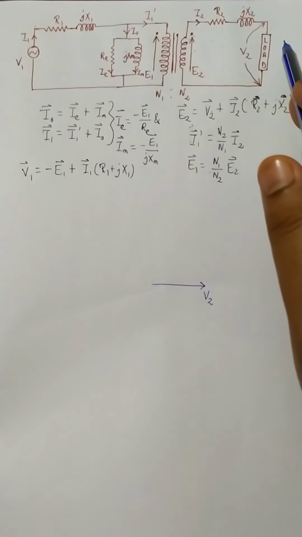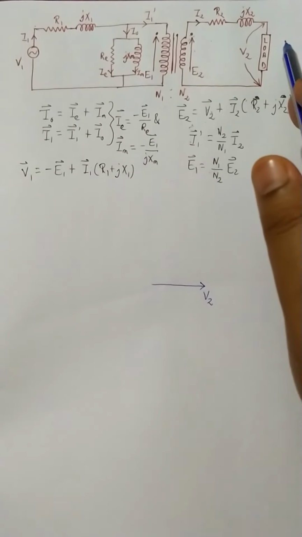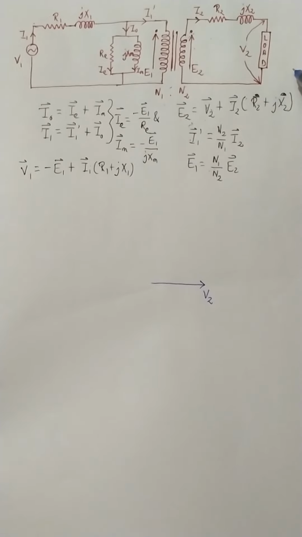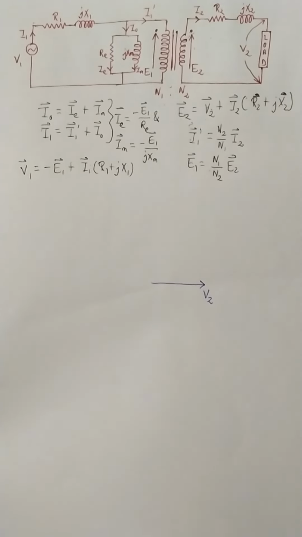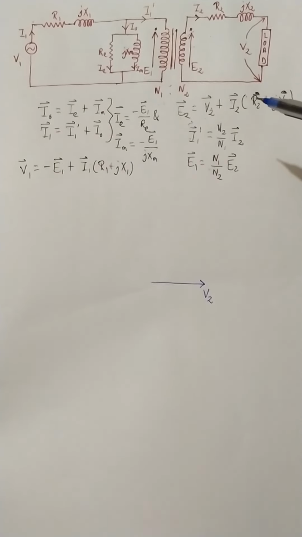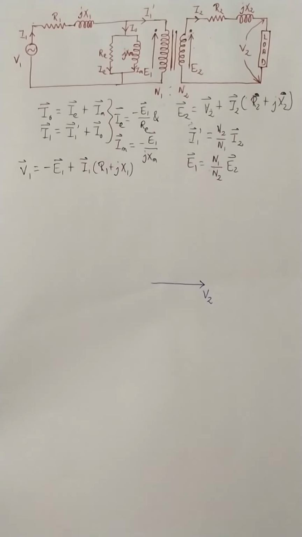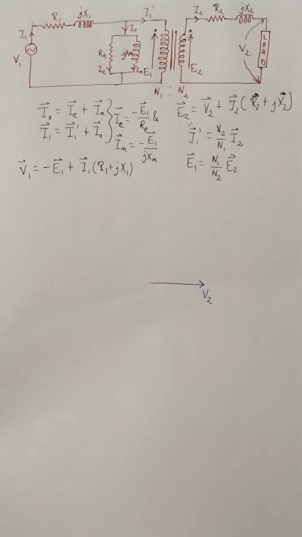In that case, I2 would lead V2 by some angle between 0 and 90 degrees. The load can also be purely inductive or purely capacitive, in which case the current would be lagging by 90 degrees or leading by 90 degrees. In case of an L, it would lag by 90. In case of a C, it would lead by 90.